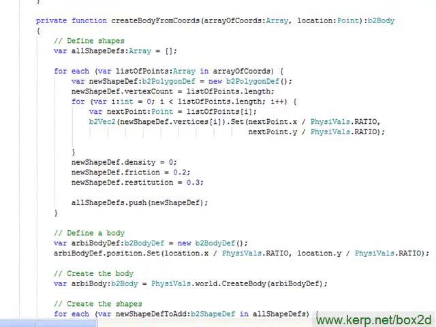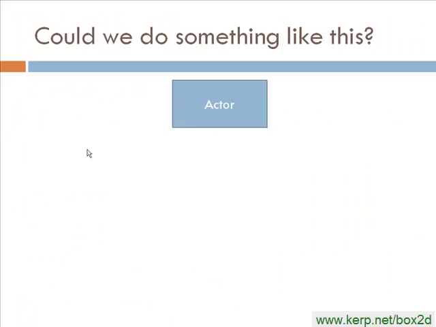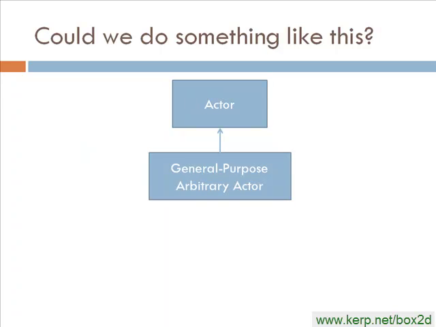And maybe we get something that kind of looks like this, where we have our actor, and then we have this general purpose arbitrary actor that really just abstracts out the whole body creation process for us by taking in coordinate lists.